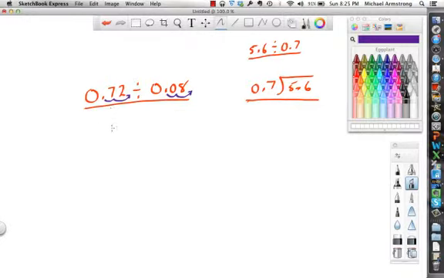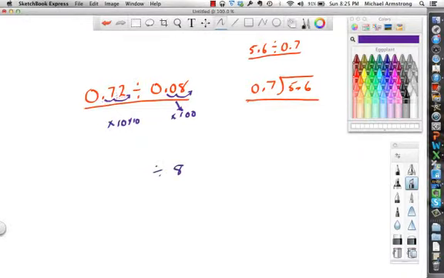Okay, so this becomes, when I move it 2 times, that means I have to multiply it by 2 powers of 10. So that's like times 10 times 10, or really times 100. So I multiply 0.08 times 100, and I get 8.